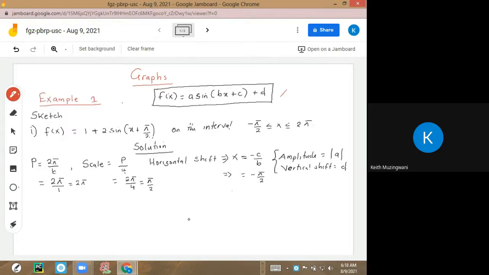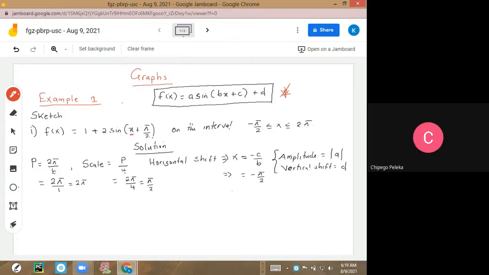Whenever you see a question, put this in mind and compare for you to get the values of A, B, C, and D. What you're calling b is the coefficient of x. Now in this case, x is just standing alone, meaning its coefficient is 1. So b is 1 in this case. Okay, I get the point. Thank you.